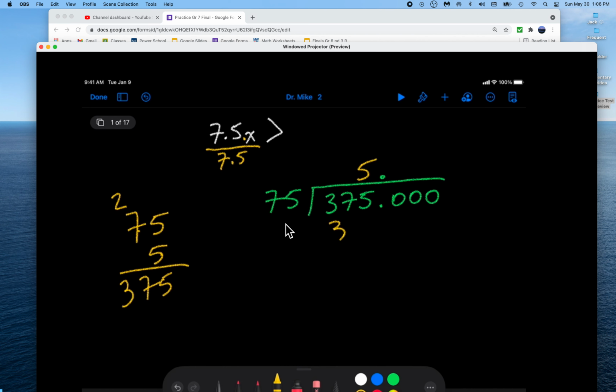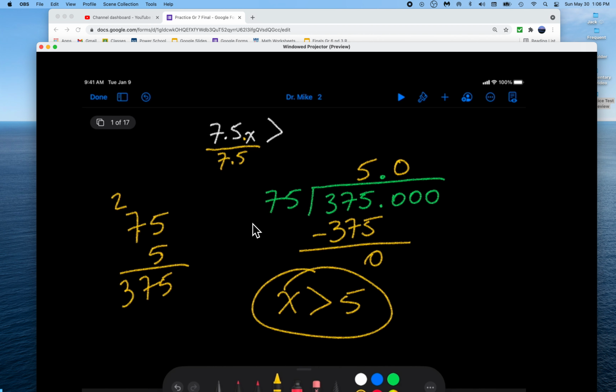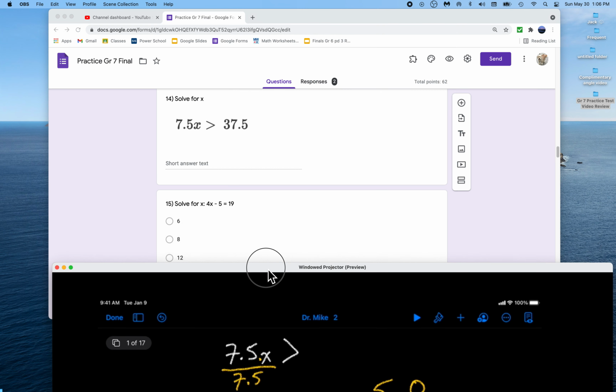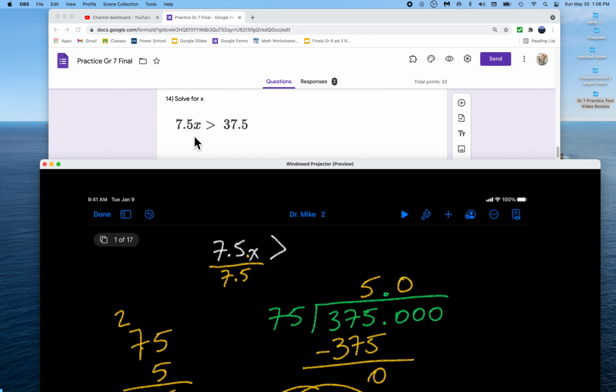So what do you know? We got it on the first shot. Therefore, your final answer is going to be x is greater than 5. So to review, we divided both sides by 7.5.